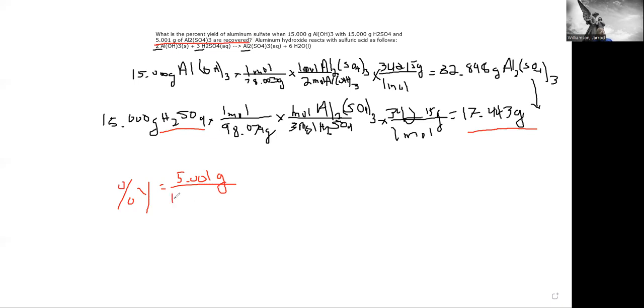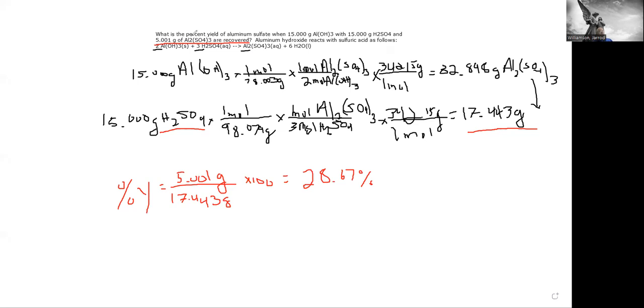The theoretical is what you calculated, 17.443 grams, times exactly 100. And that will give me 5.001 divided by 17.443 times 100. And I get to 4 sig figs 28.67%.